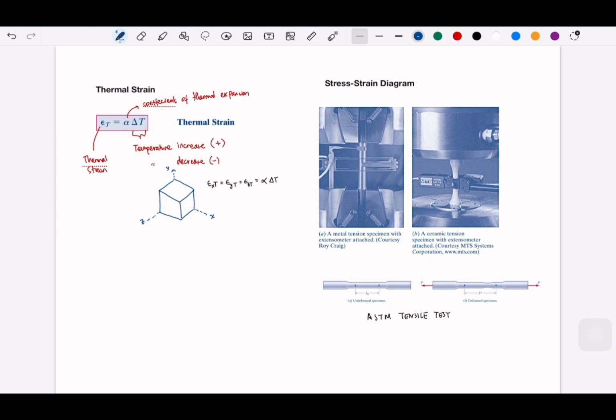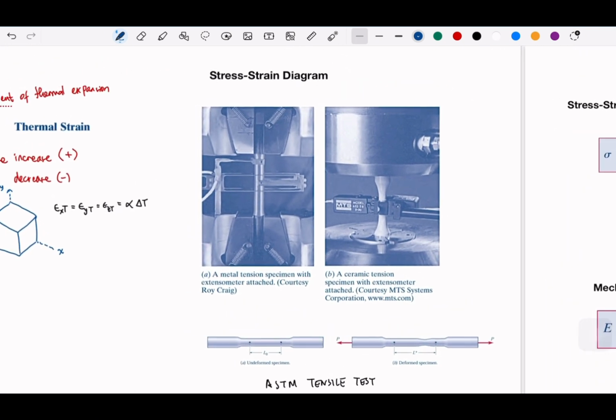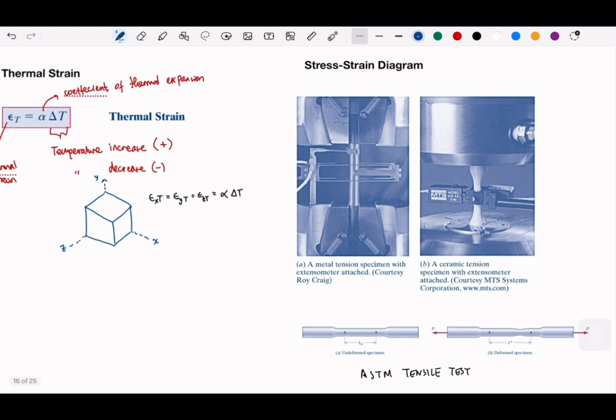And then today, at the beginning I will talk about this, which we discussed a little bit. So this is a tensile specimen for tensile testing in mechanical testing.